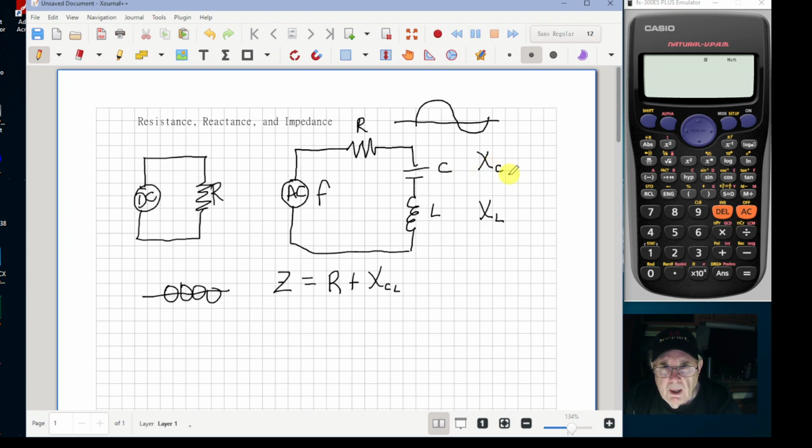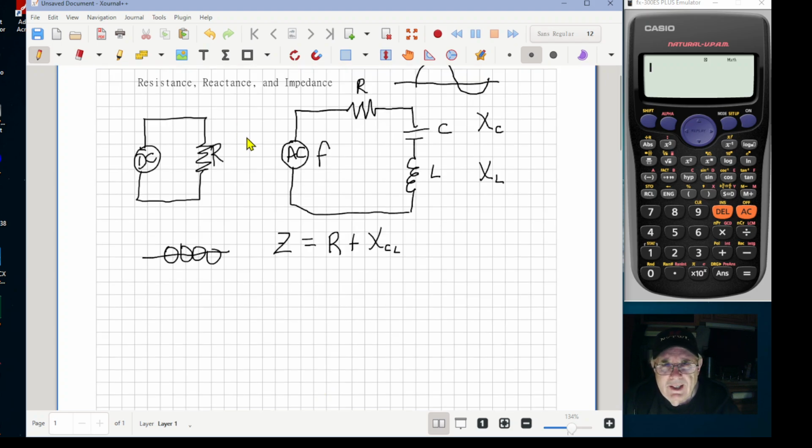We're going to look at how to calculate this in probably the next video. We'll take a look at capacitive reactance and inductive reactance, and we want to tie that together with how they're related to frequency. And I'll give you a little peek ahead. We can determine the resonant frequency because these are related.